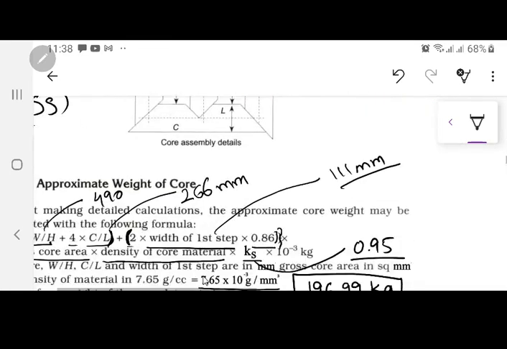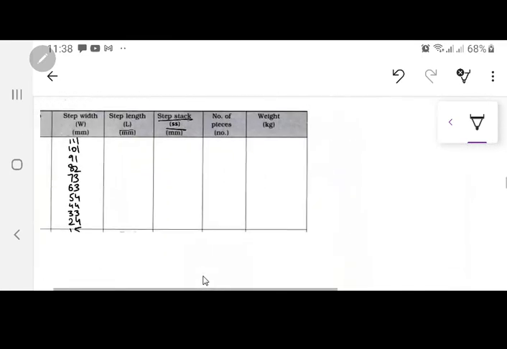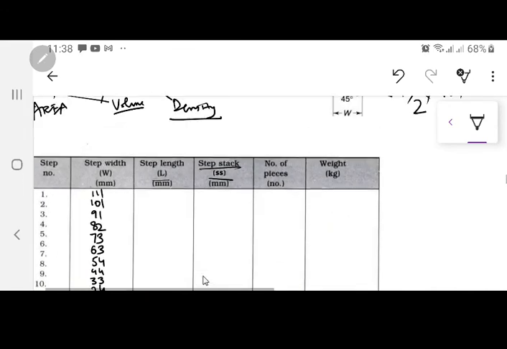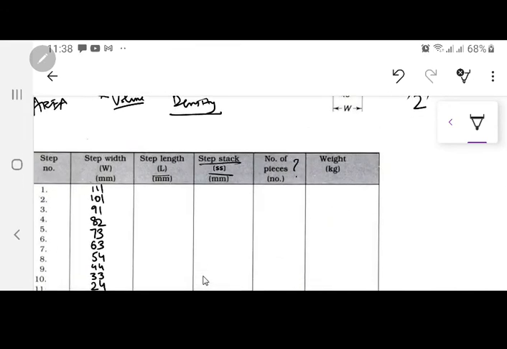Now, very importantly, listen carefully. When you want to find out the number of pieces, the number of pieces is found by step stack divided by 0.27.